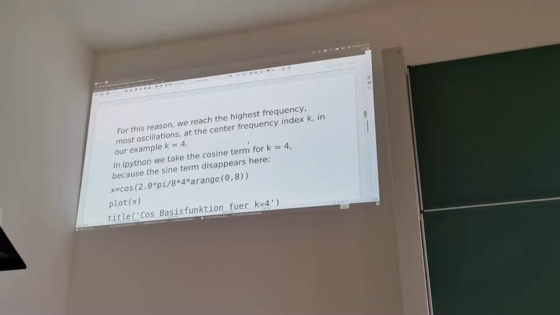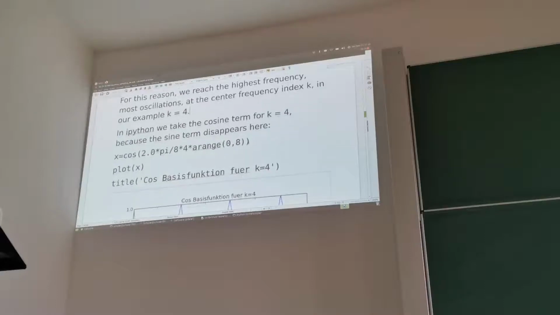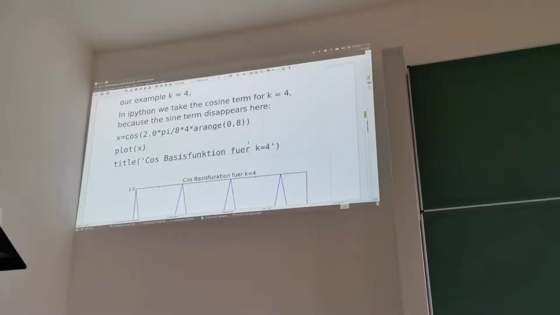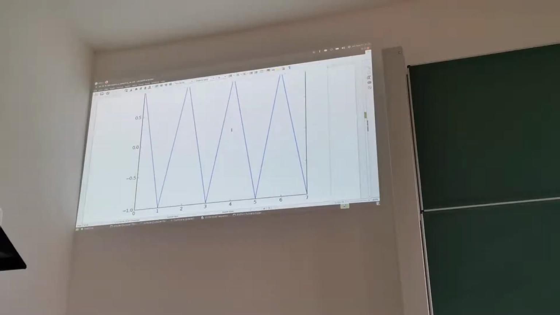Yeah, and the highest frequency is k equals 4. And we can also see that in IPython by just taking this example, cosine 2 pi over 8 times k equals 4 times this range for the n value, and then plot it. So here you can see the result. It just goes up and down.